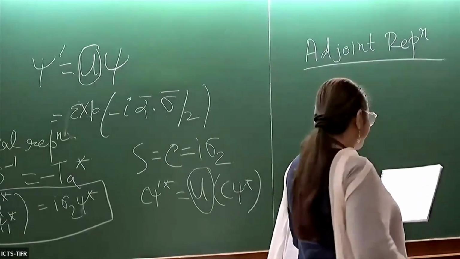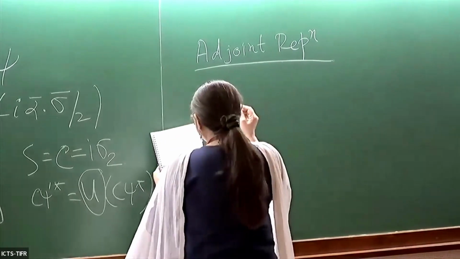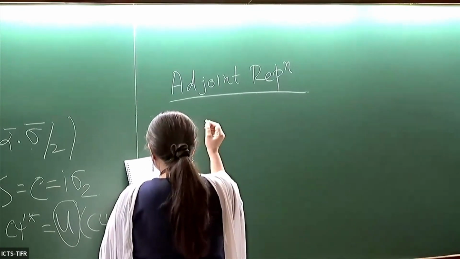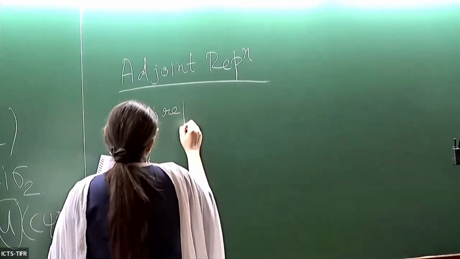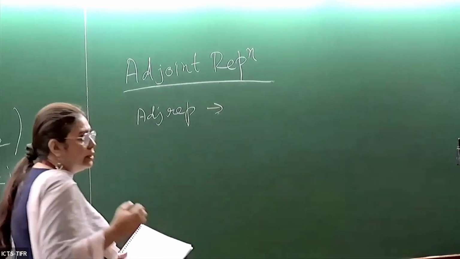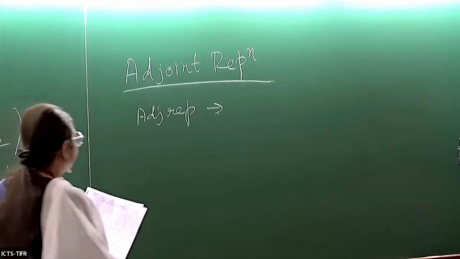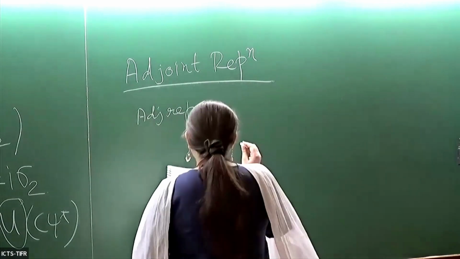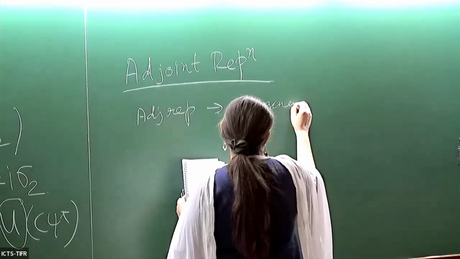The adjoint representation is actually the representation where the structure constants are the representation matrices, and the dimension is the same as the number of generators.